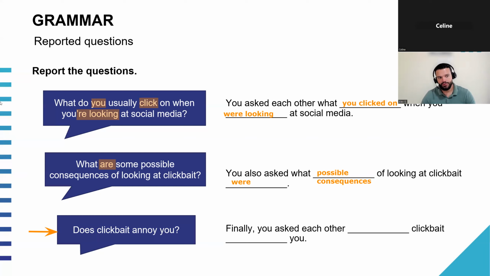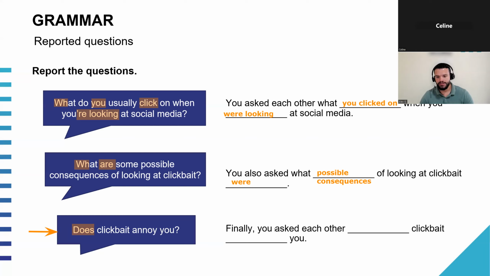Let me help you with this one, Celine, because this one's a little different. So for WH questions, what, where, when, why, who, we report the question directly. But when we have yes or no questions, now we have to use if or whether.